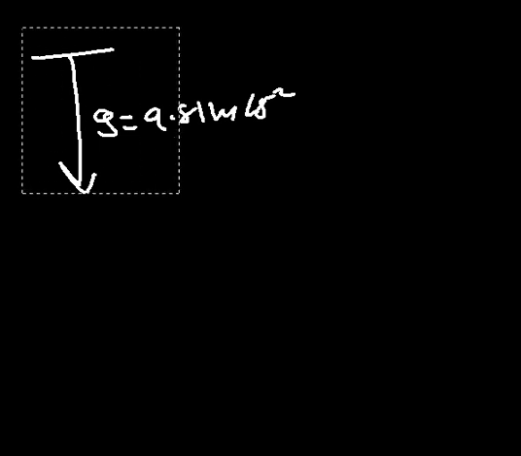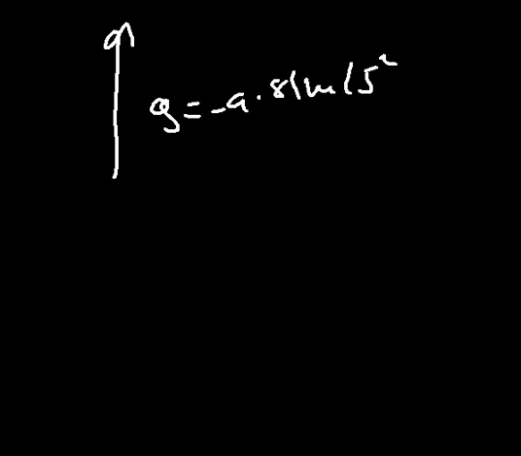And whenever the object is now moving upwards against the gravitational force, let's say the object is moving upwards like that, it means the acceleration due to gravity will be negative 9.81 meters per second squared.